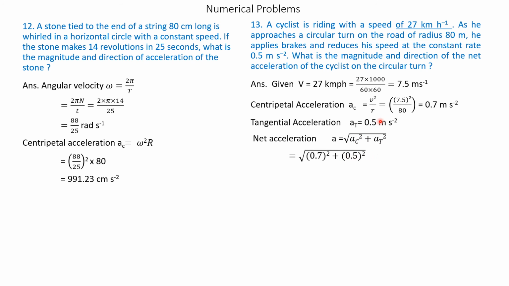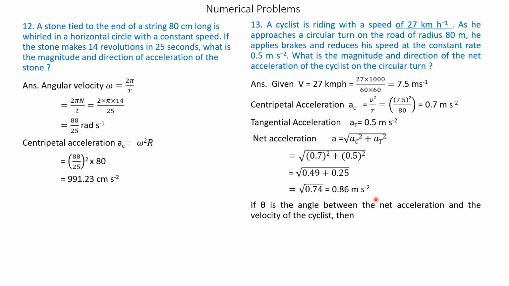That is, AC is 0.7 whole square plus AT is 0.5 whole square. Substituting and simplifying, we get the answer as square root of 0.74, that is equal to 0.86 meters per second square.